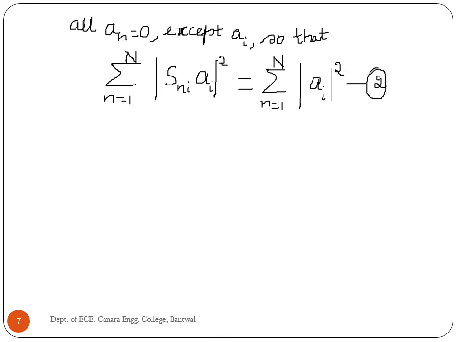Equation 2: summation n equal to 1 to n of Sni squared is equal to 1, because the Ai squared on the right hand side cancels.